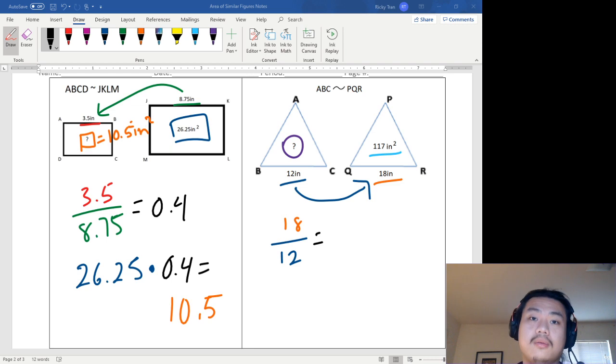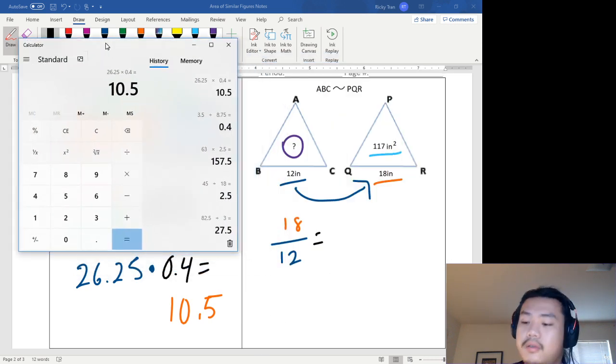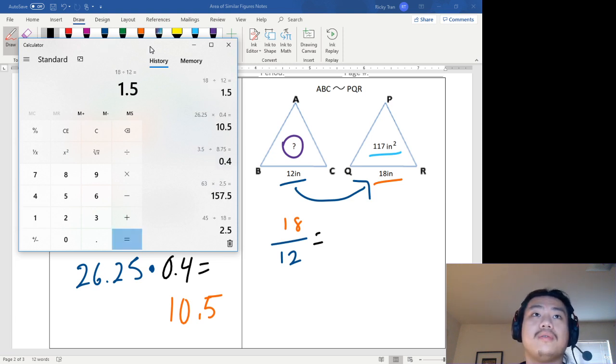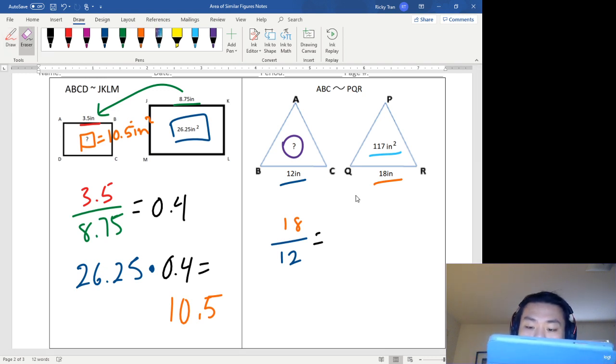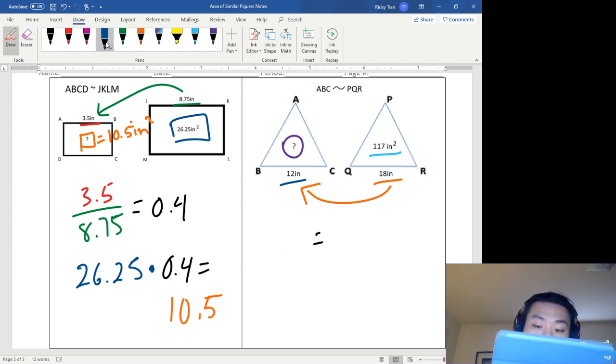All right, so take 18 divided by 12. That's 1.5. Oh, wait, no. Sorry, I did that wrong. It should be the other way around. It should be 18 going to 12. So it's actually 12 over 18.